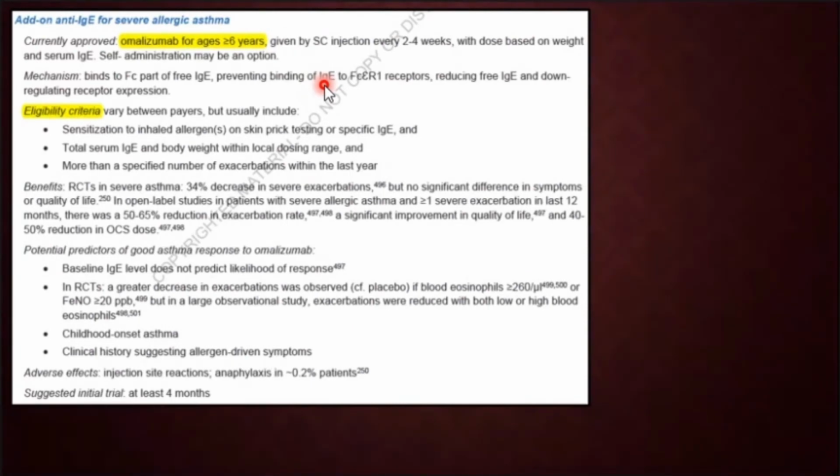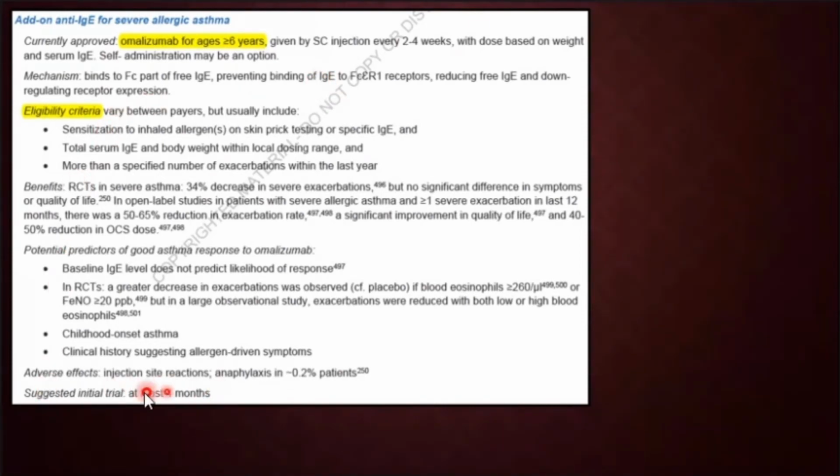Once these mast cells get activated, they immediately release all these potent bronchoconstrictor mediators. Your histamine, your bradykinin, and all that is being released by the mast cells. So the action of omalizumab is to prevent the binding of IgE to its receptor, and thereby inactivating IgE, which secondarily inactivates mast cells. Okay.